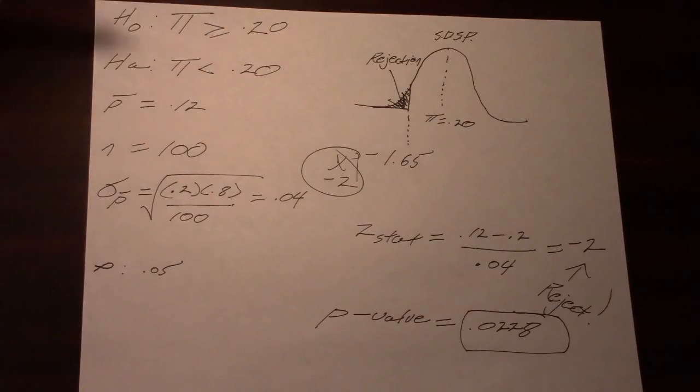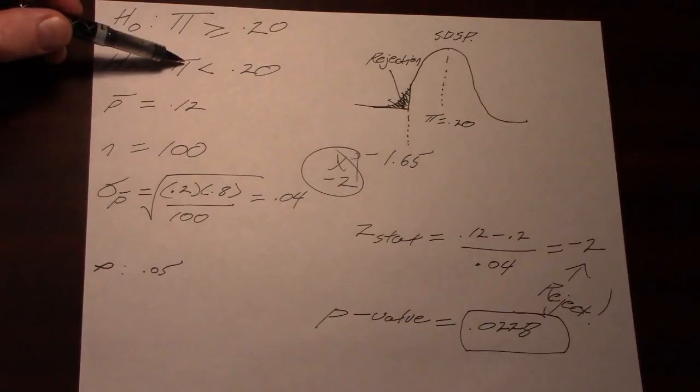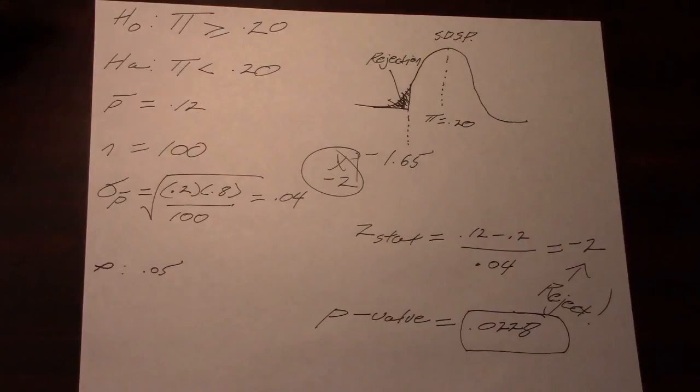So we're going to reject the null hypothesis, assume the alternative, that the true population proportion of students who want to go into public service is less than 20%. Let's double check and make sure that answer jives with the back of the book. Chapter 10, number 10.